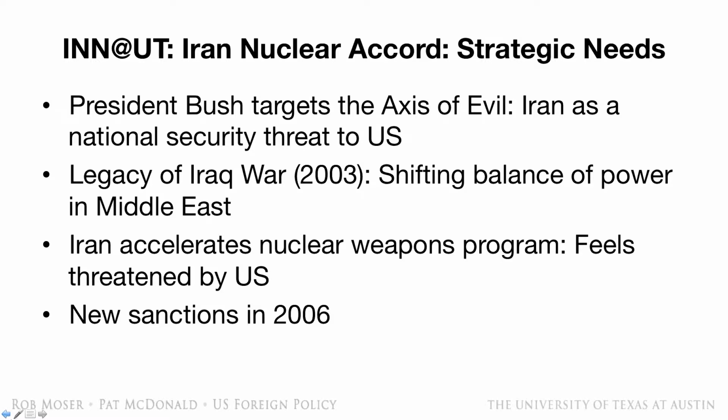While the United States opted for a military invasion against Iraq, it did not invade North Korea. Now, this is important because it sent a signal to the Iranian regime. And that signal was this: you could get toppled by the United States and your regime could be changed through force if you did not possess nuclear weapons.